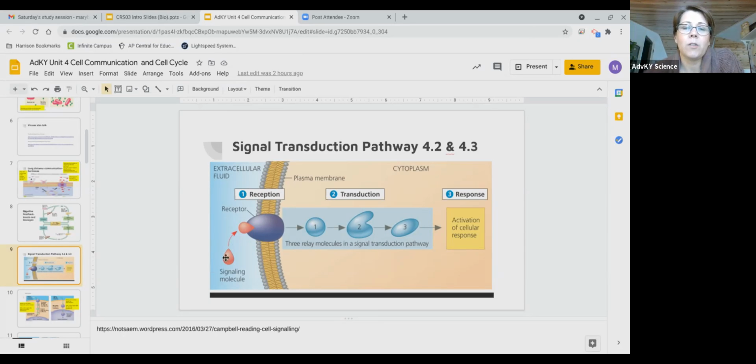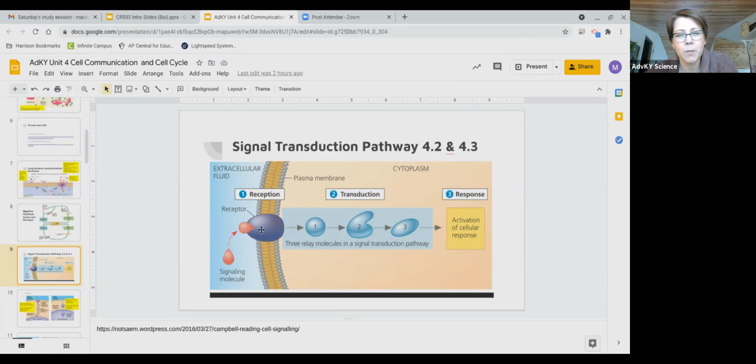So when this signal docks, remember your receptor is a protein. And I think that's probably stressed throughout this class: protein shape is really important to the way that protein functions. And so when it docks, this receptor, just like an enzyme does with its substrate, is going to hug around that ligand.